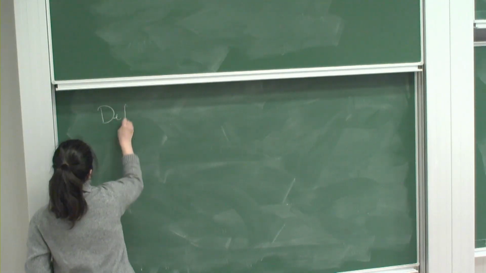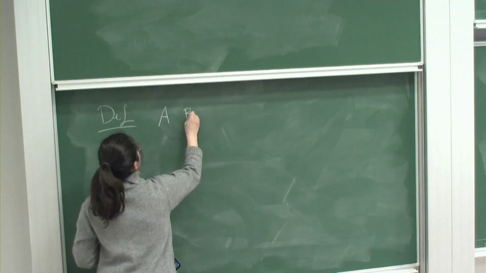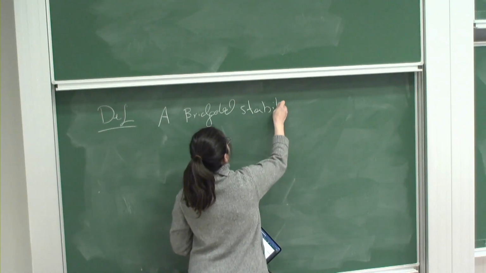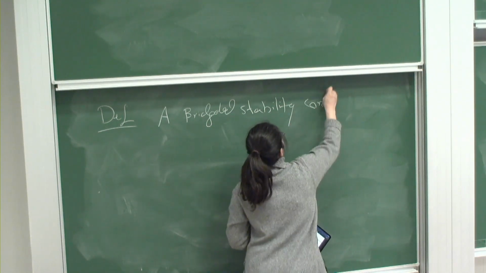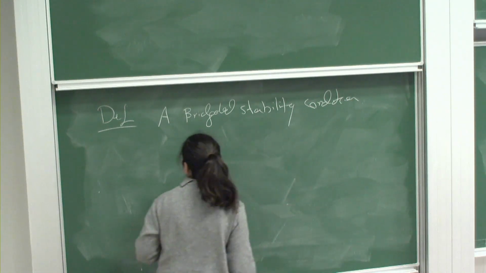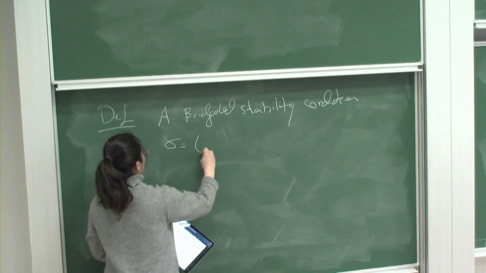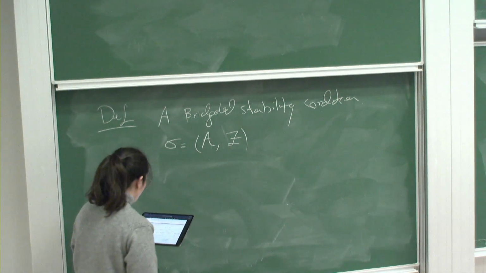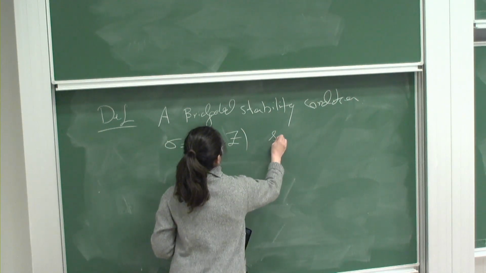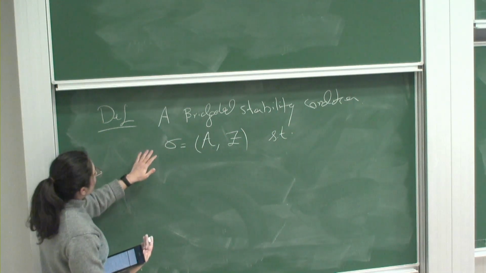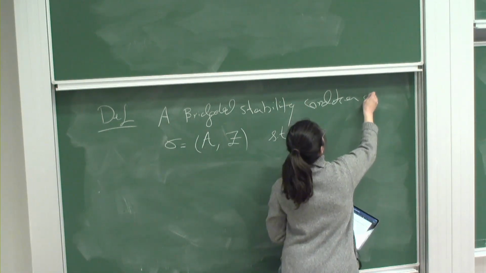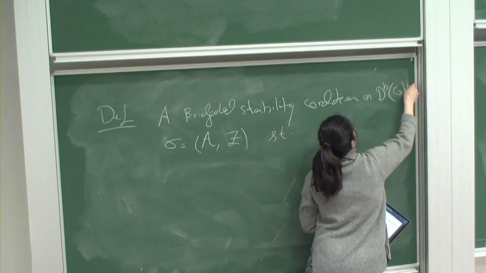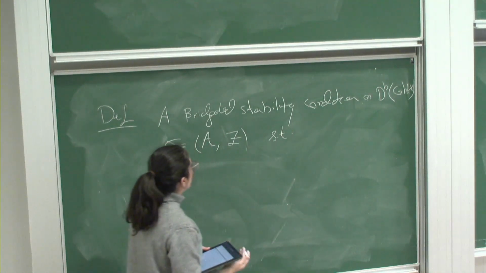So, a Bridgeland stability condition sigma is just a pair A and Z. Let me consider Bridgeland stability conditions on the bounded derived category of coherent sheaves of X. I want to concentrate only on this triangulated category from now on.